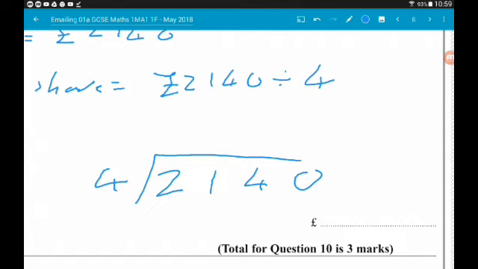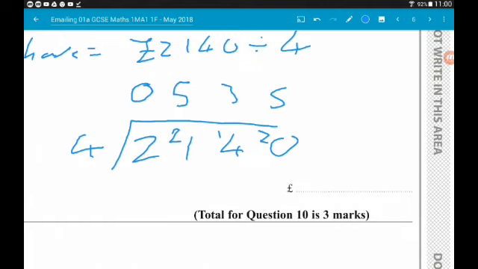Okay, so starting from the left, 4 does not go into 2, put a 0 up there, carry the 2 onto the 1, 4 into 21 goes 5 times, with a remainder of a 1, 4 into 14 goes 3 times, which is 12, so there's a remainder of 2. 4 into 20 goes 5 times. So Tim's share is £535.